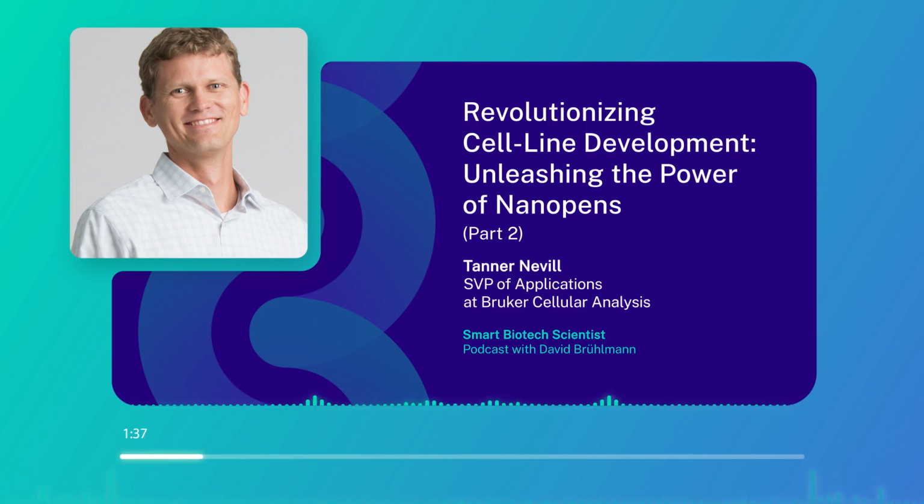I think the big and obvious one is the revolution of AI. I was recently thinking about this in terms of all of our applications, from antibody discovery to antibody engineering to cell line development. I think we will be seeing more and more in silico discovery and especially in silico engineering.